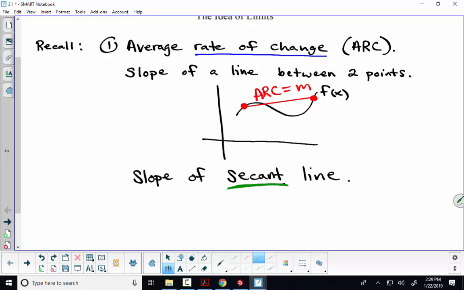So don't confuse the word. Secant here in this context has nothing to do with the trig function. The Latin word is, I can't pronounce it, S-E-C-A-R-E, and what that means is to cut.